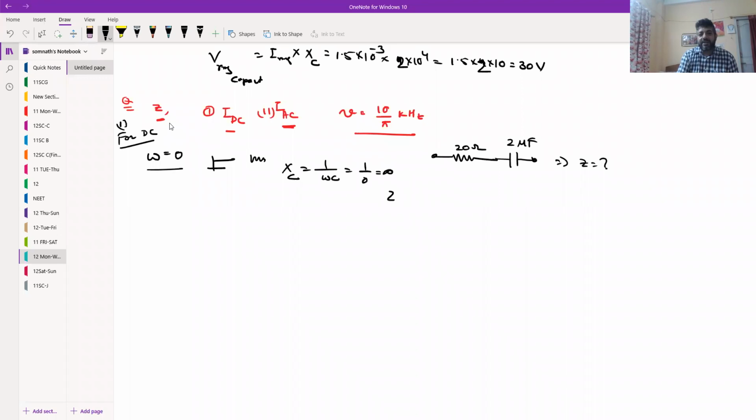So whatever be my Z, R square plus XC square, R square plus infinity square is infinity, yes or no? Yes, sir. So without calculation I can say for omega 0, XC is infinity, so my X is infinity, so my Z is also infinity. Clear?